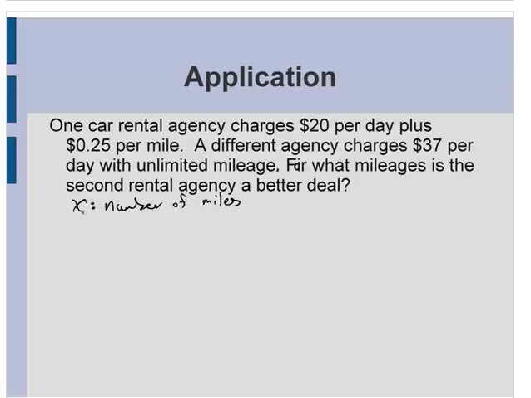Then the cost at the first agency, well, we'd have a set $20 per day plus 0.25 times the number of miles. The second agency charges a standard $37 per day.